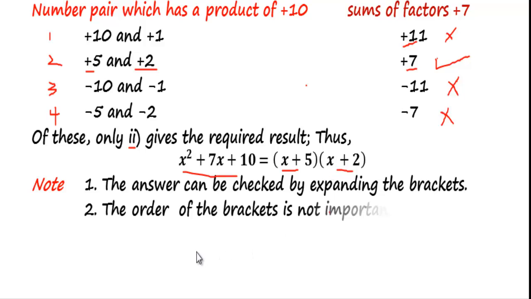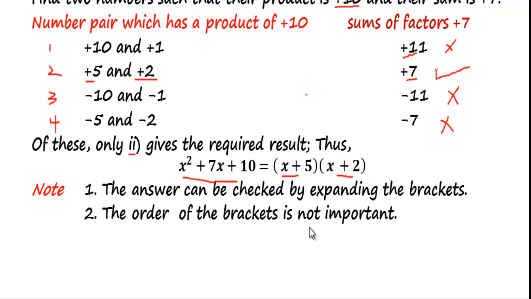Now number 2 is that the order of the bracket is not important. The first bracket could be at the back, while the second bracket will be at the front. Are you seeing it now? So either way is equal.